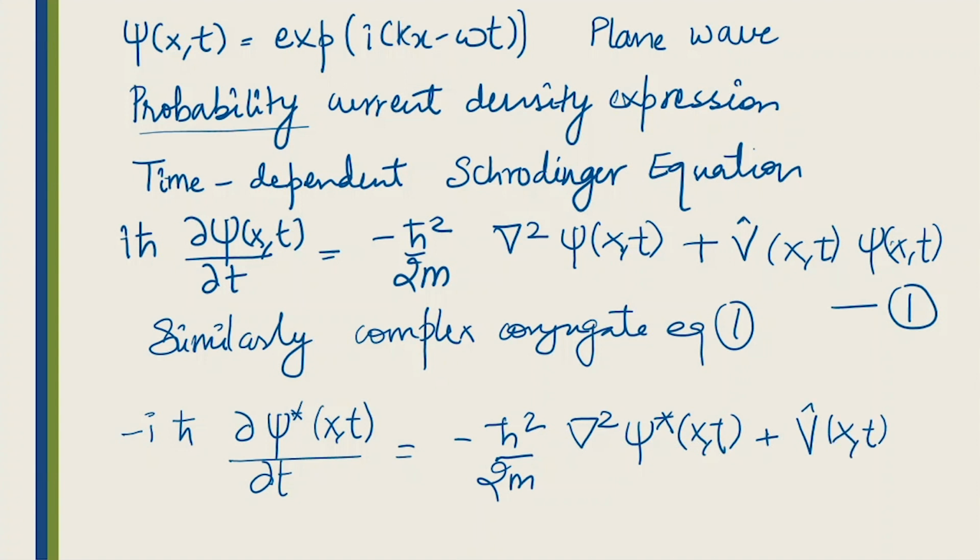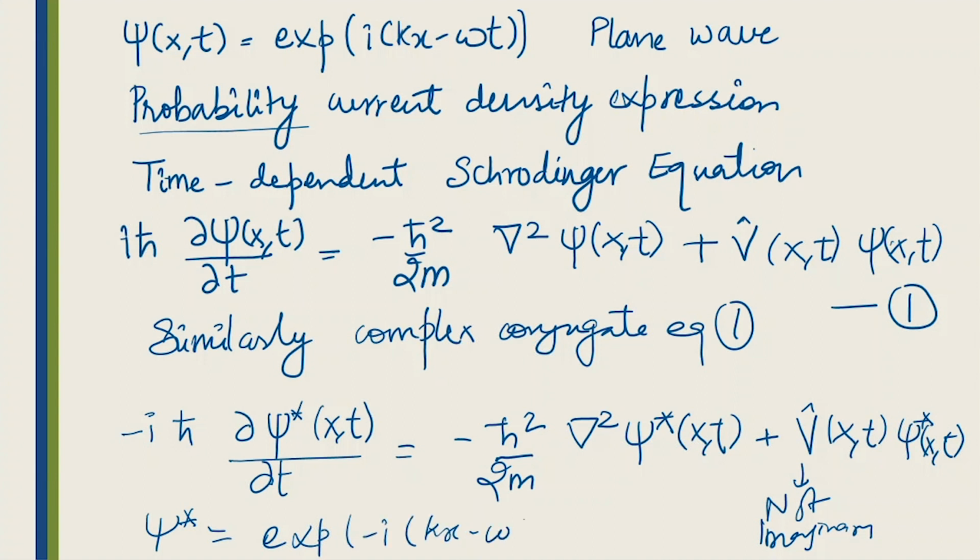Here V is not imaginary, so its complex conjugate remains the same. Here psi star is exponential of minus iota (kx minus omega t). This is our psi star, and we give it equation number 2.